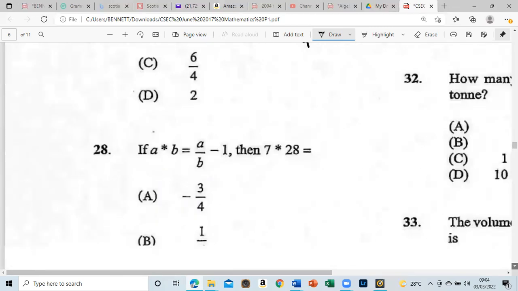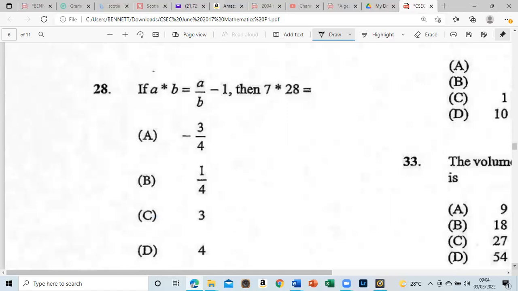28 now, in algebra. If A asterisk B is equal to A over B minus 1, then 7 asterisk 28 is equal to, I've done this in an earlier video. So it means that A is 7 and B is 28.